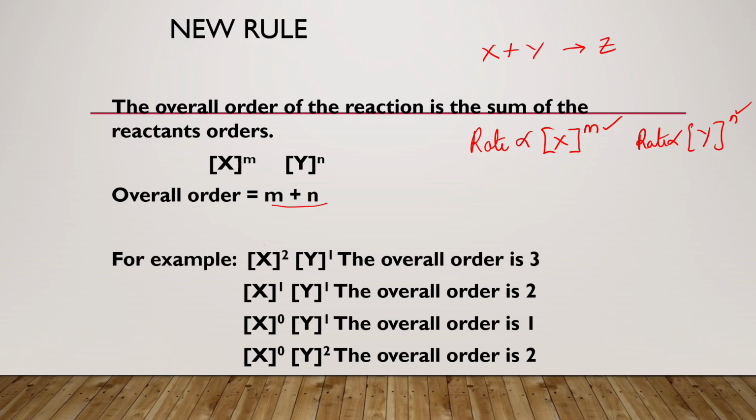So if the values of M and N are 2 and 1, this becomes a third order reaction by summing up 2 and 1. If the powers were 1 each, the sum of the two becomes 2.